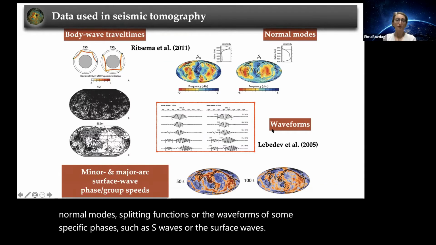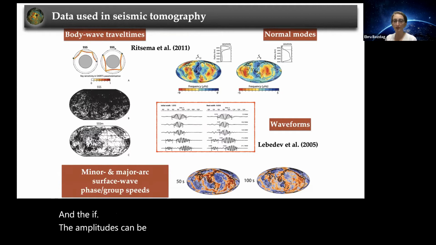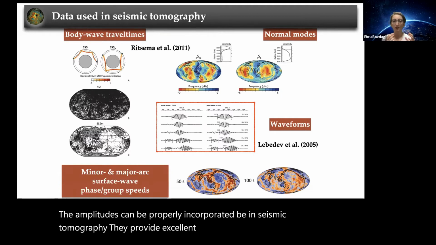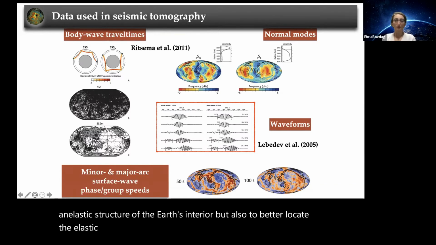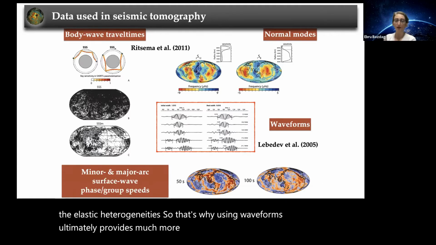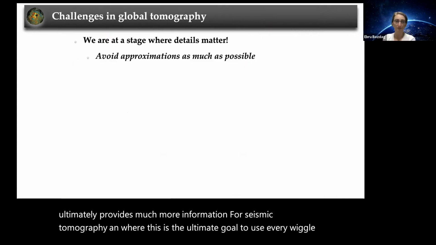And if the amplitudes can be properly incorporated in seismic tomography, they provide excellent constraints not only for the inelastic structure of the Earth's interior, but also to better locate the elastic heterogeneities. So that's why using waveforms ultimately provides much more information for seismic tomography, and this is the ultimate goal: to use every wiggle in seismograms.